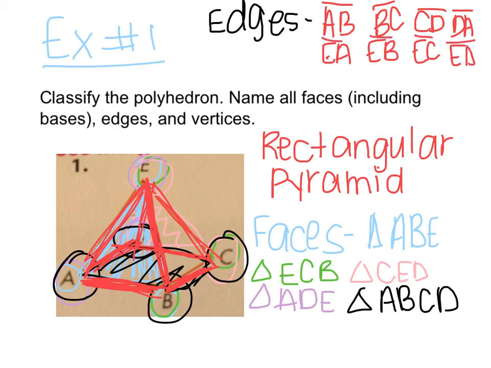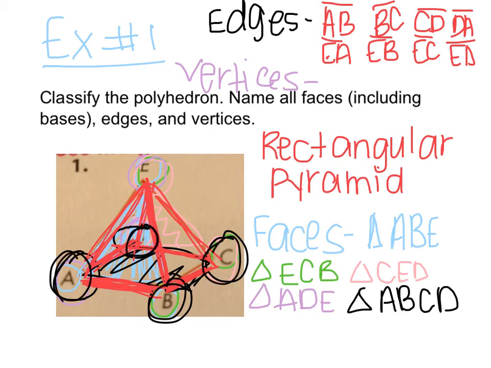And the last thing we need to do, pretty easy, is the vertices. The way I like to think about it is just to say the points, truthfully. So we have point A, B, C, D, and E. So that's how we name the faces, edges, and vertices.